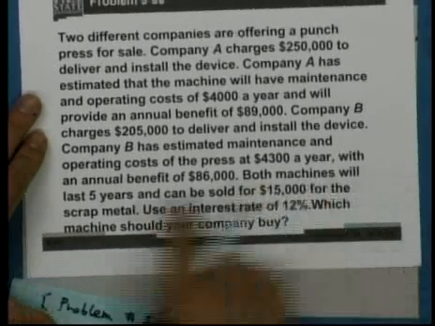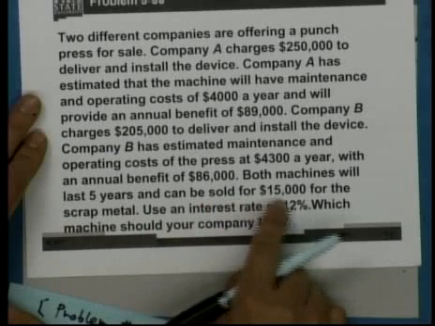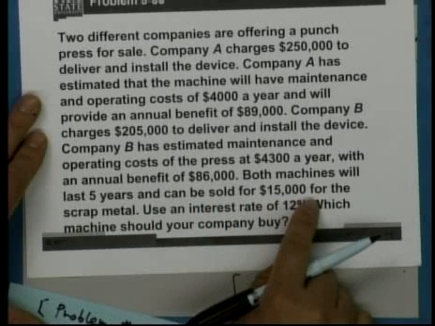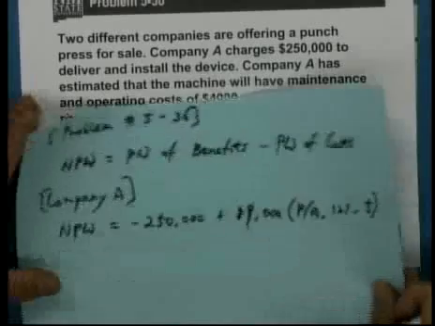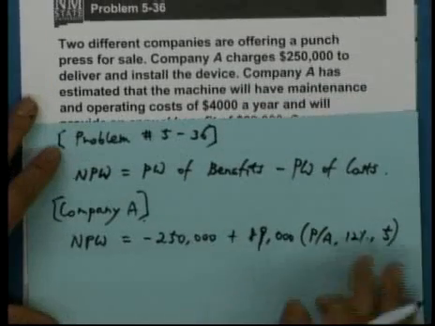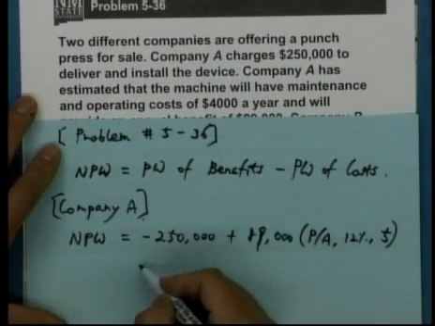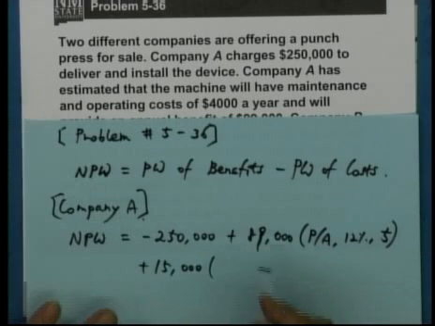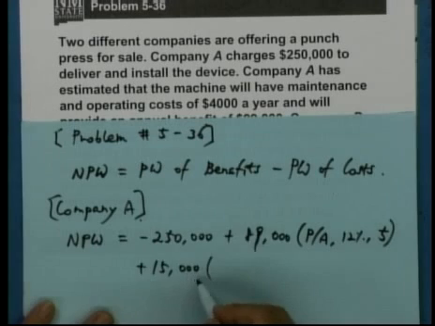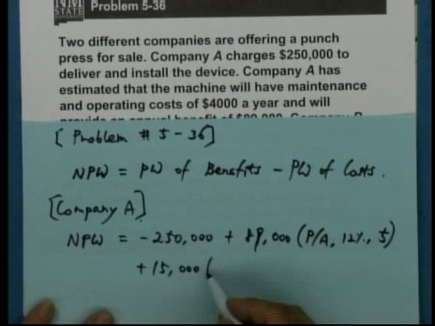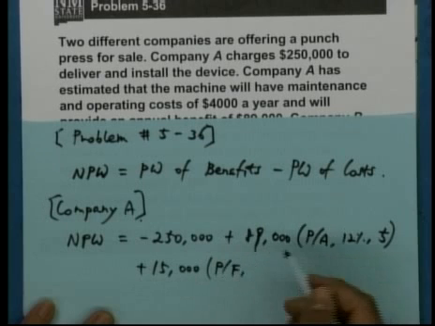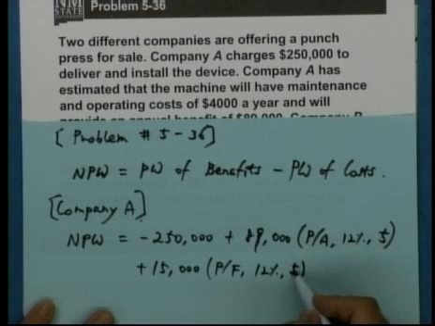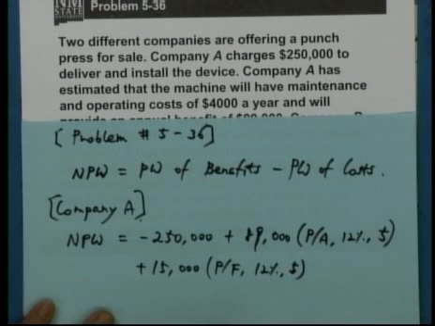So both machines can be sold for $15,000 after 5 years. So the salvage values of $15,000, and this future money can be converted to the equivalent present sum of money. So P given F, 12% over 5 periods, right? Is that all?